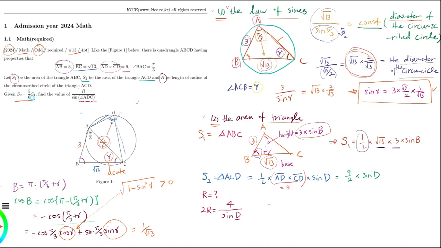And with this property here, we can switch sine D to sine B times a certain factor here. So if you use this property, this is 5 over 6 times S sub 1, which is 3/2 times square root of 13 times sine of capital B here.